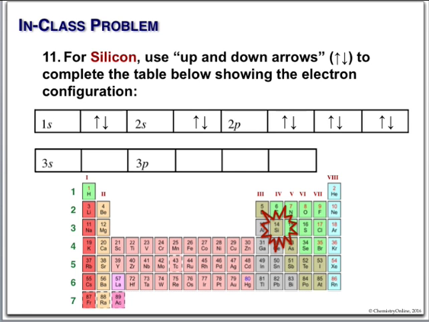All right, on to our 3rd period. The first 2 are going to go into the 3s. There are 2 of them, so they fill it up. And that gives us 1 up, 1 down. Now we have our P block left here. In our P's, we have 2 electrons, right? Only 2.